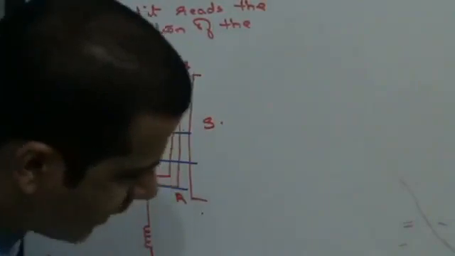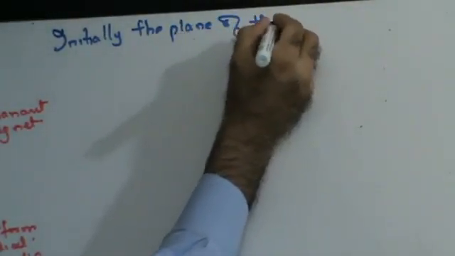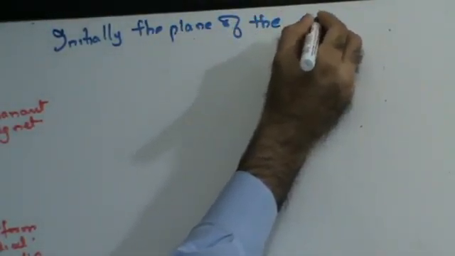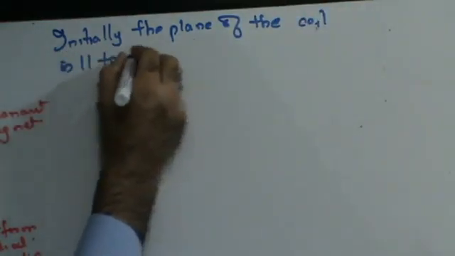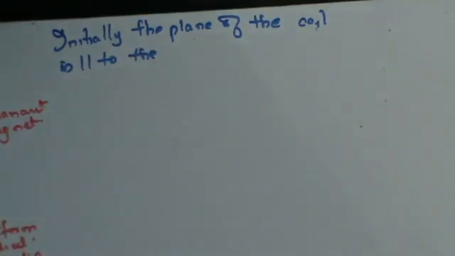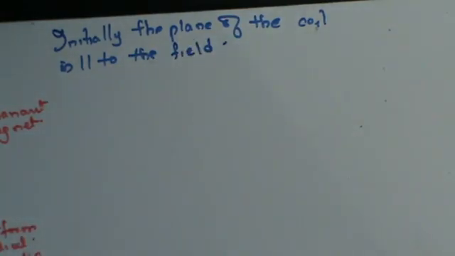So initially the plane of the coil is parallel to the field.